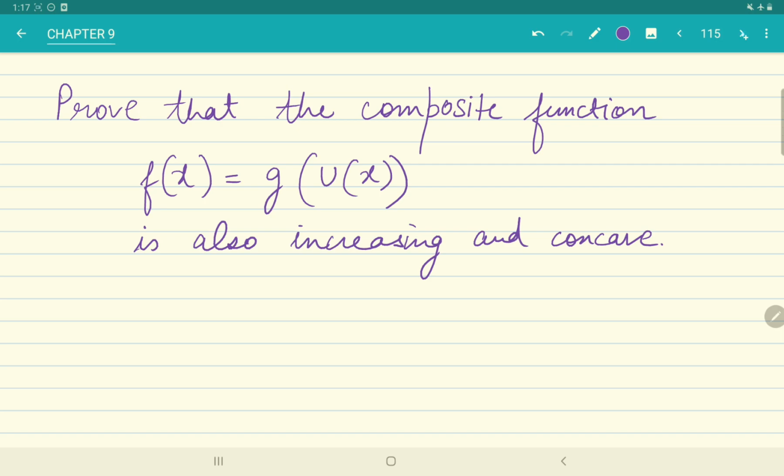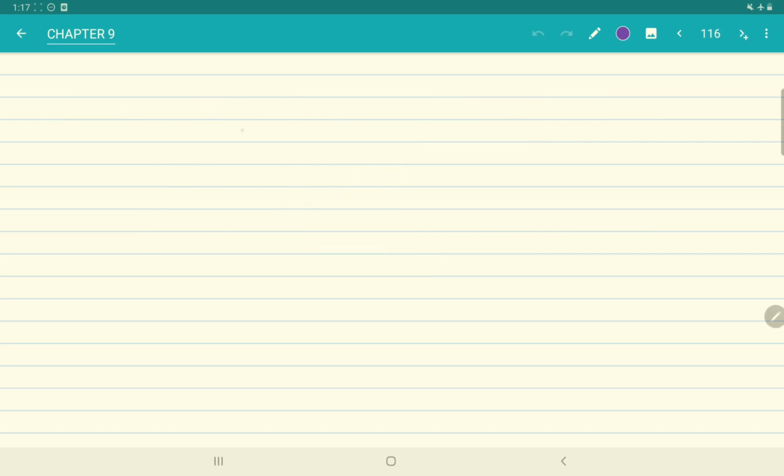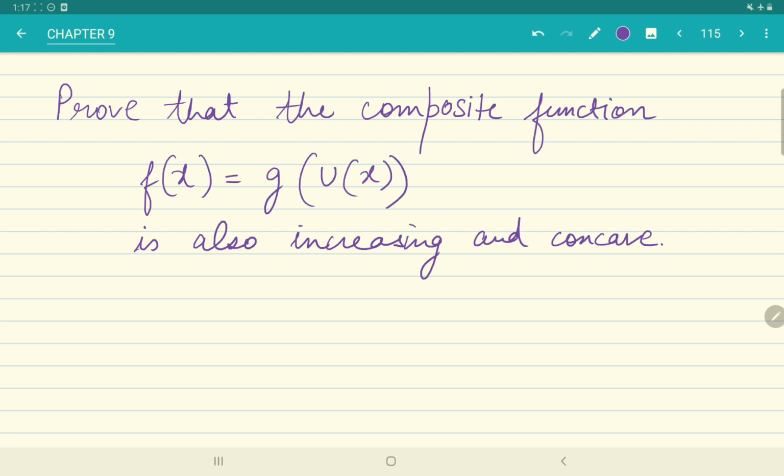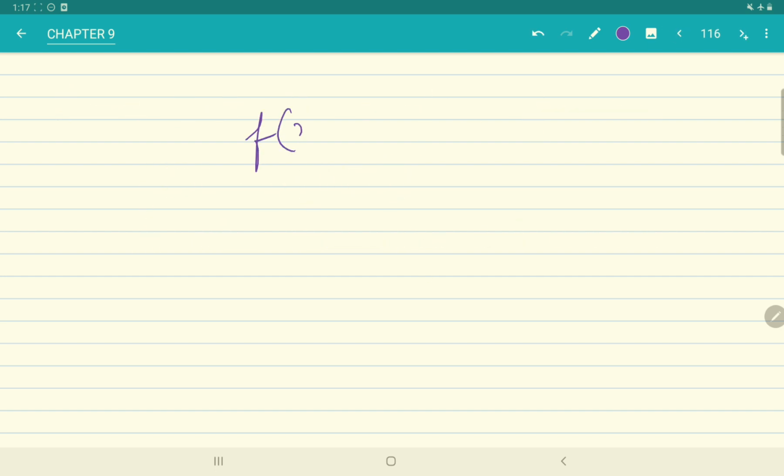Given the fact that u and g are both increasing and concave, we have to prove that this composite function is also increasing and concave. So we start with this composite function, f of x equal to g of u of x.